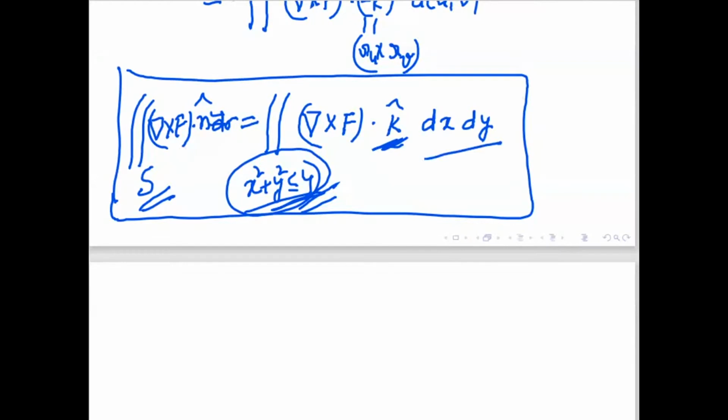So this is the final conclusion. Till now I didn't solve the problem, but this is the final conclusion whatever we did by using Gauss divergence theorem. So every surface integral of the form del cross f dot n is the same as the integral over the circle x square plus y square less than 4. So you can transform the surface integral over this circle.